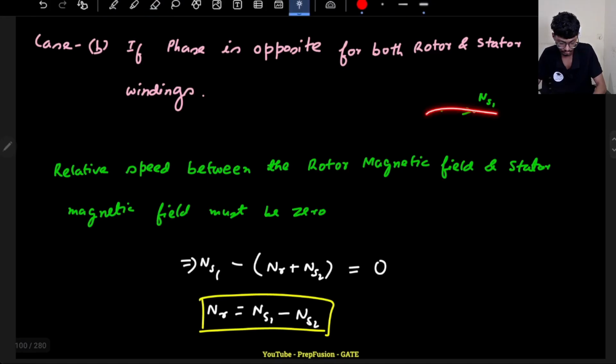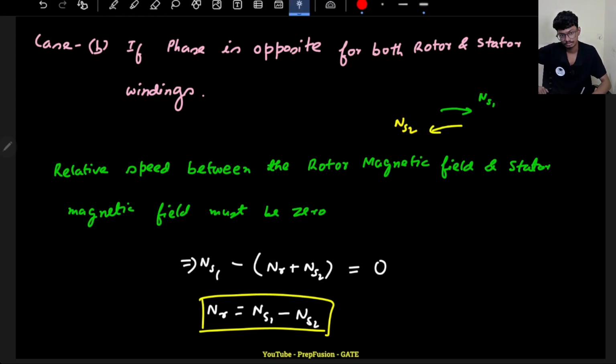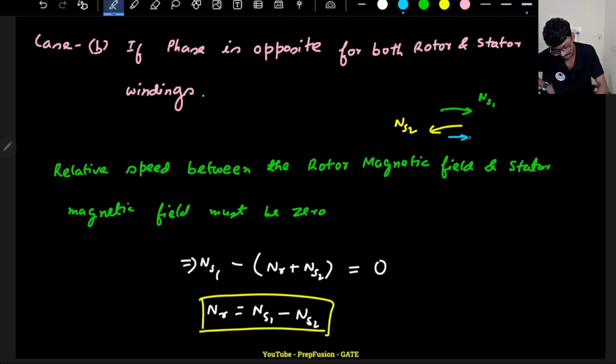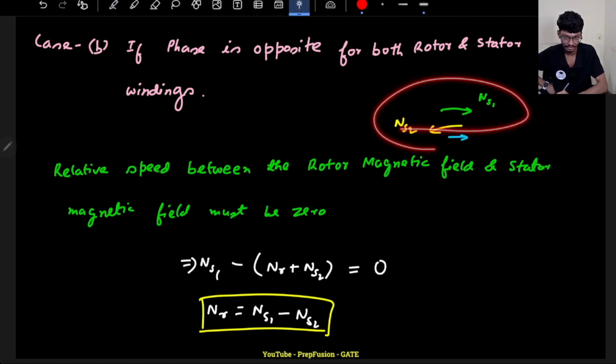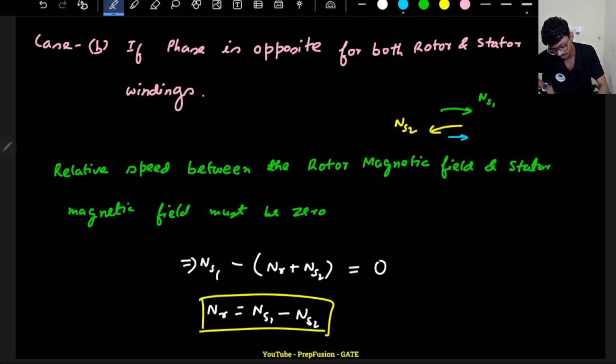Basically, if the stator magnetic field is ns1, then the rotor magnetic field will be in the opposite direction, at ns2. Now how will I reduce the relative speed? The rotor itself has to rotate in this direction to compensate this value. So what should be the rotor speed?